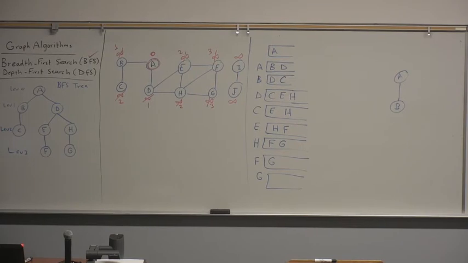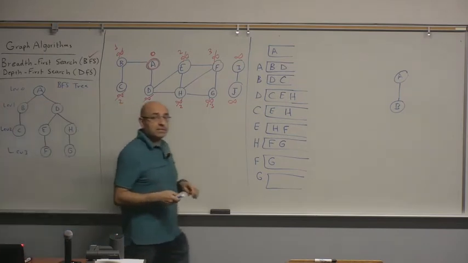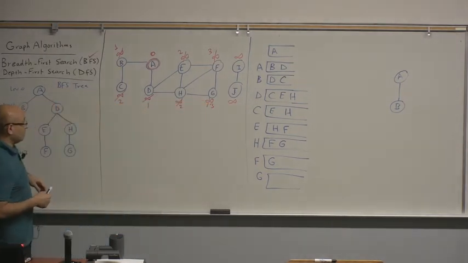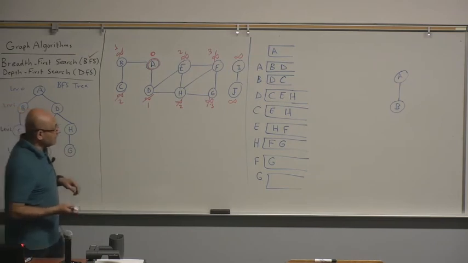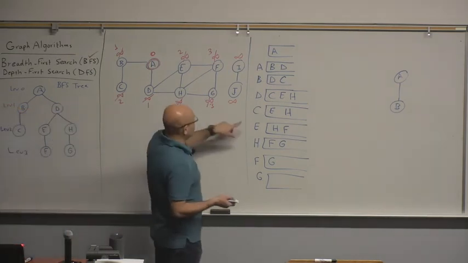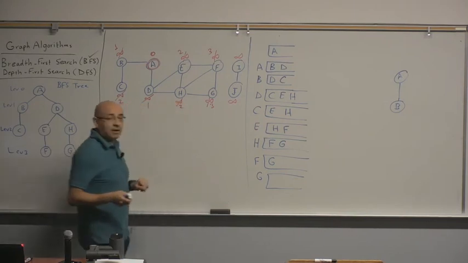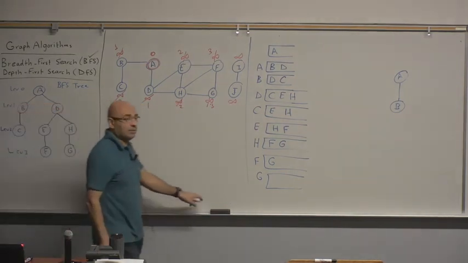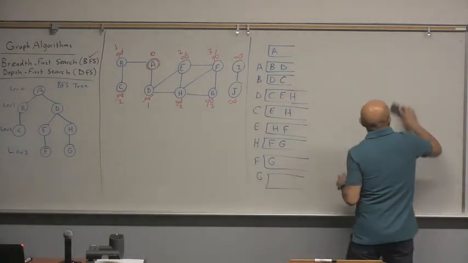Okay. Now, the point is this BFS tree is not unique. We can have multiple BFS trees. For example, if we had chosen to put H before E, we would have gotten a different BFS. So let's try that to make sure that we understand what's going on.